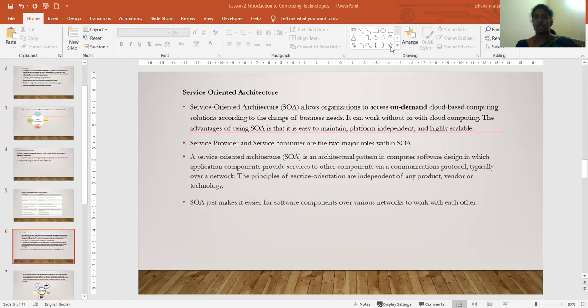Service-oriented architecture, SOA, is a group of services which can transfer data to each other. This data transfer can be either simple data processing or some activities. The service-oriented architecture does not depend on other services.